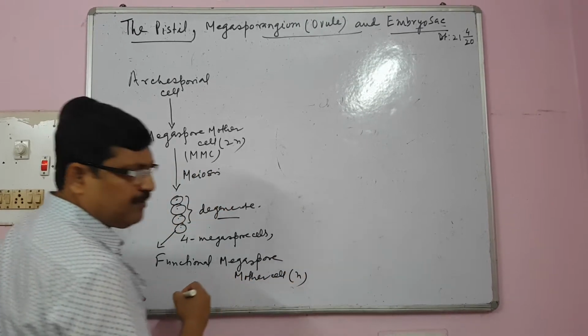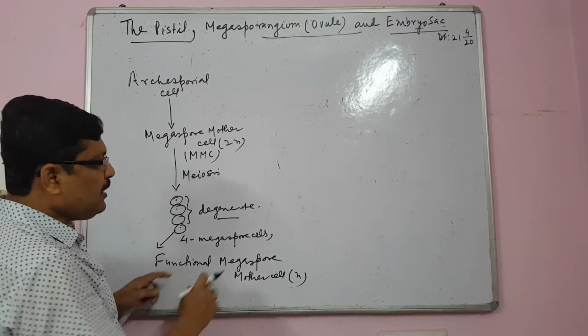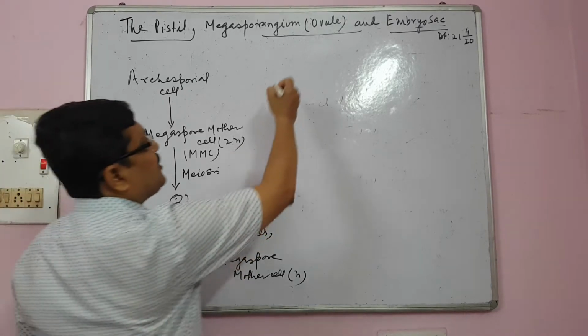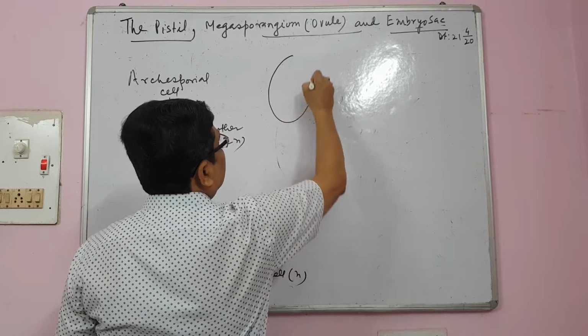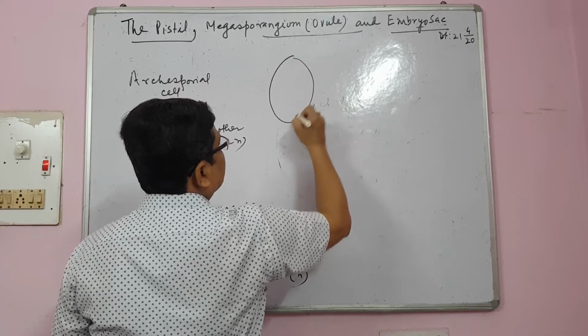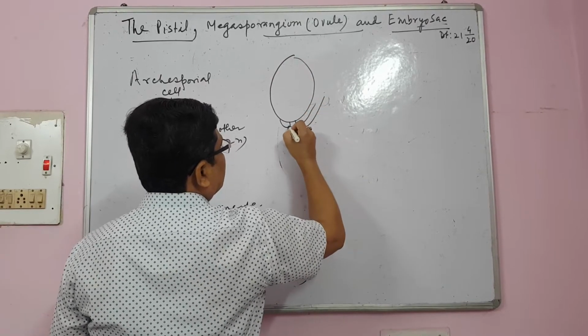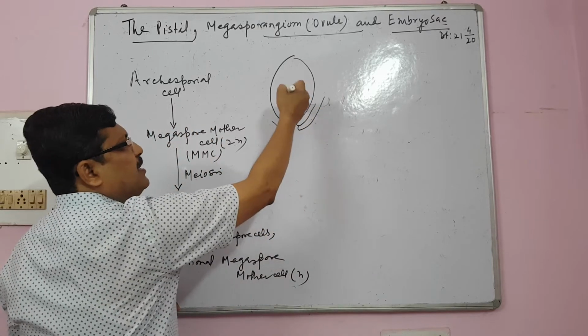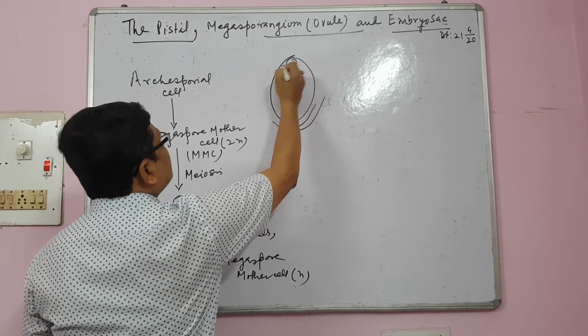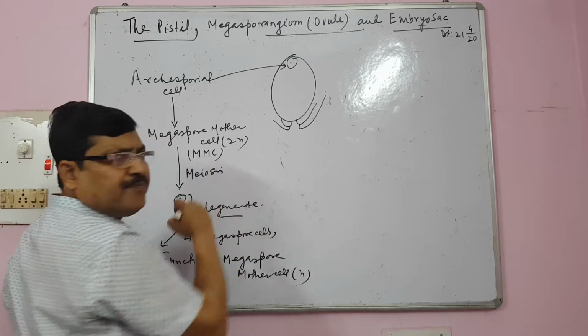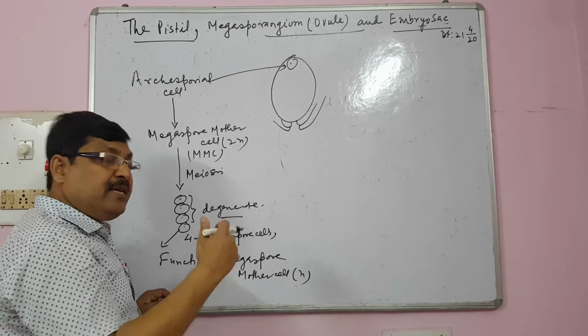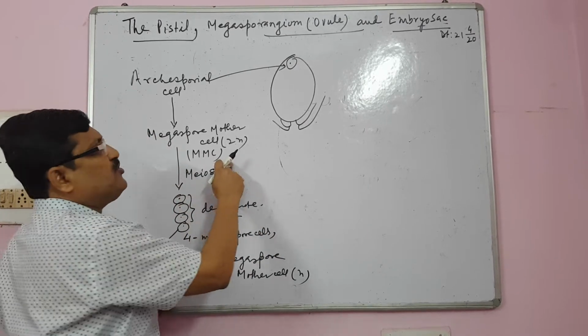So naturally this is haploid, and this is happening within this embryo sac. So here one potent cell, this is the archesporial cell, which directly behaves like MMC.